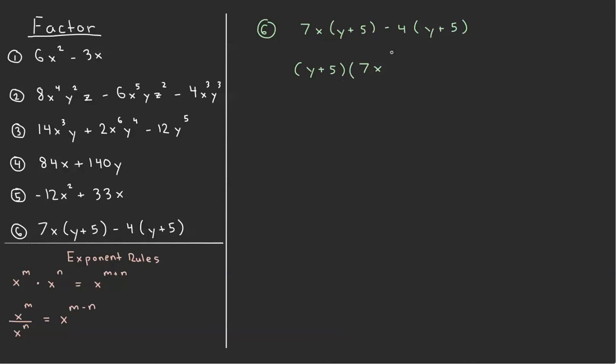Well, a 7x. Then we have a minus sign. And y plus 5 times what will give me this piece here? Well, we need the 4. Okay, so we go ahead and write that down. And that's the factored form there. So we have a binomial times a binomial for the factored form.